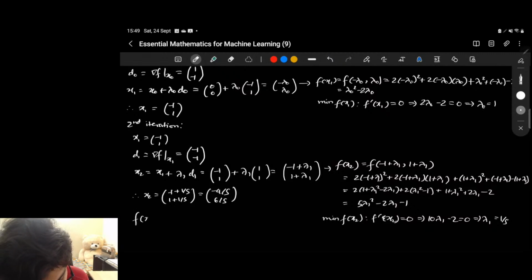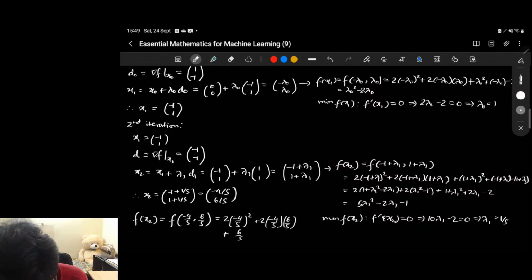So the function's value at this point comes out to be, let us simplify.